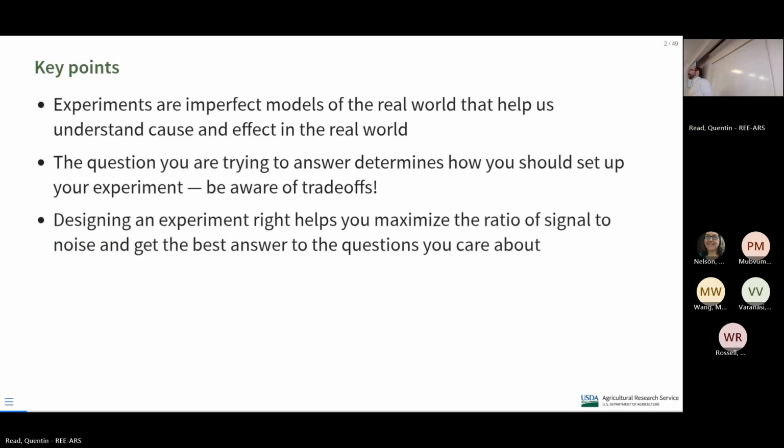If you put careful thought into how you design an experiment and how you set it up, that can help you extract the most useful signal, the pattern you're trying to investigate, out of the data with a minimum of unwanted noise, and that will help you get the answer to the basic question or the applied question that you care about.